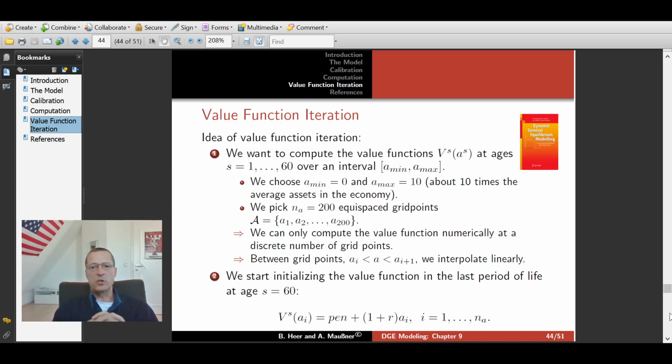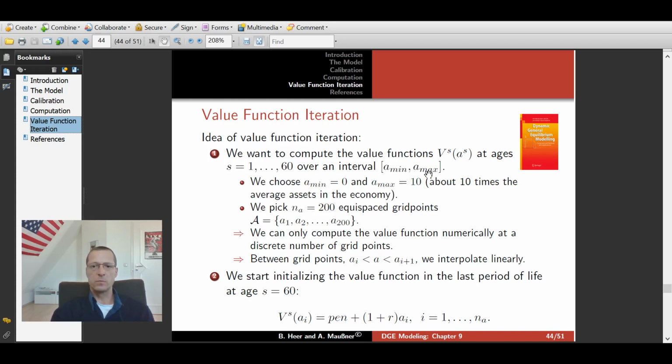We start by choosing the state space on which we would like to compute the value function. Well, we can choose a different interval for each age, but that might become cumbersome, though it's possible. But we make a very simple assumption. We look at the same individual state space at each age.